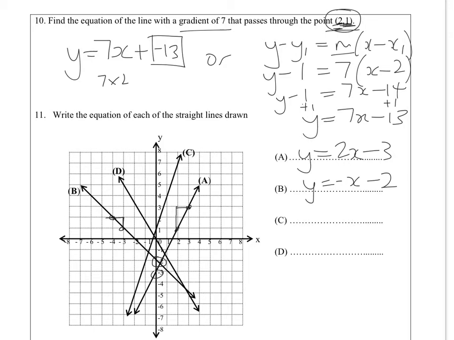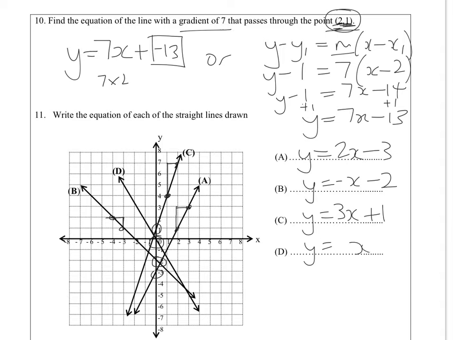C, we have a y-intercept of positive 1. Our gradient, again, choose any 2 points. Rise of 3 and a run of 1, so therefore we have a 3. D, now D goes through the origin, so y equals, it has plus 0, which obviously you don't need.